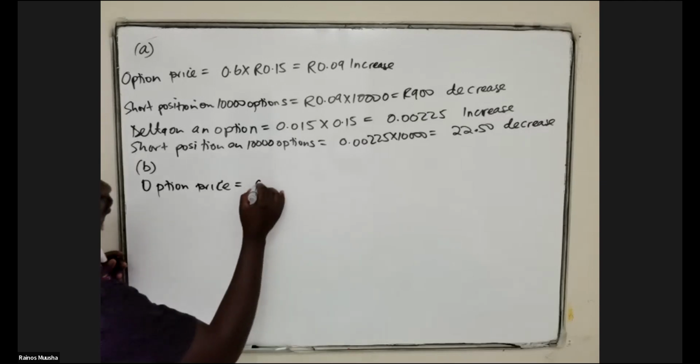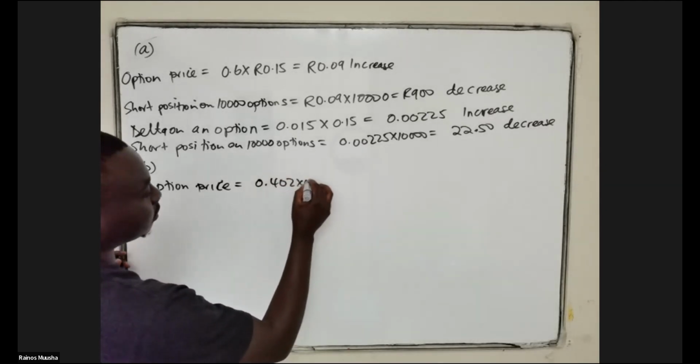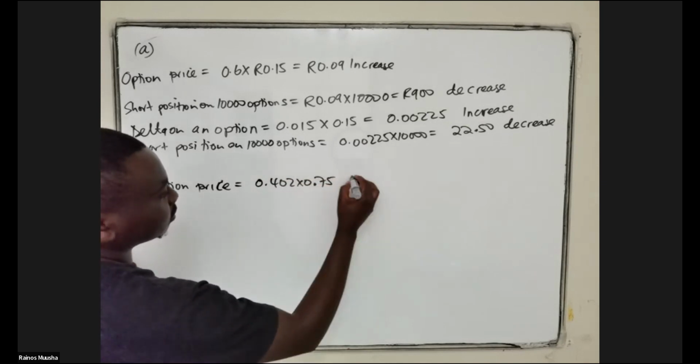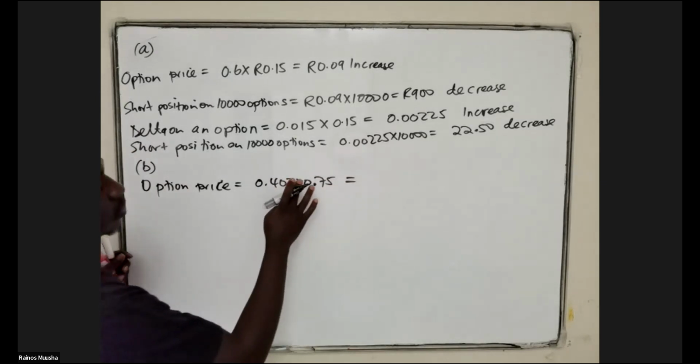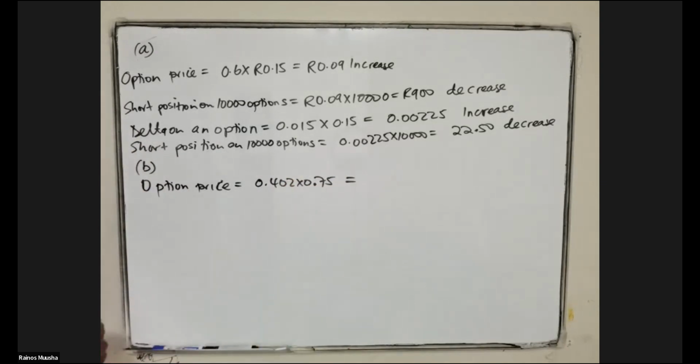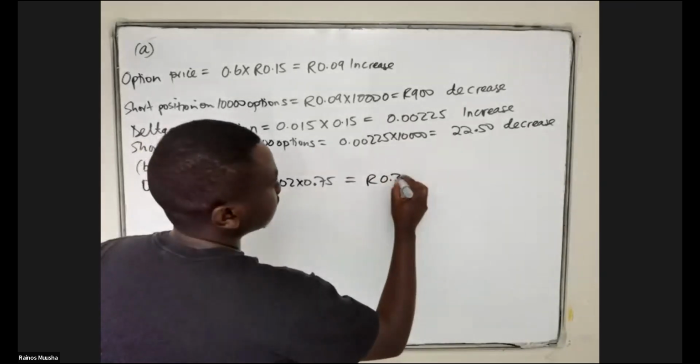So it's going to be 0.402 times 0.75. What is the effect in this case? It's an increase of 0.3015.